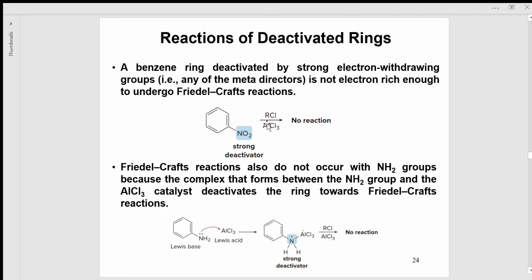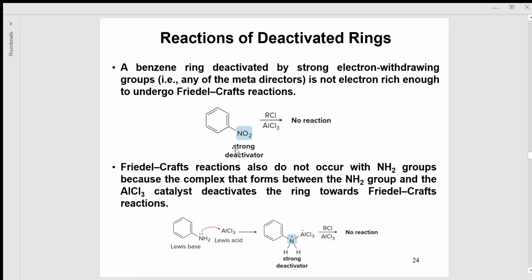Aluminum chloride is the catalyst. But if we have a nitro group on the benzene ring, there is no Friedel-Crafts reaction at all. Why? It's because this nitro group is a very strong deactivator, or in other words, a very strong electron withdrawing group.